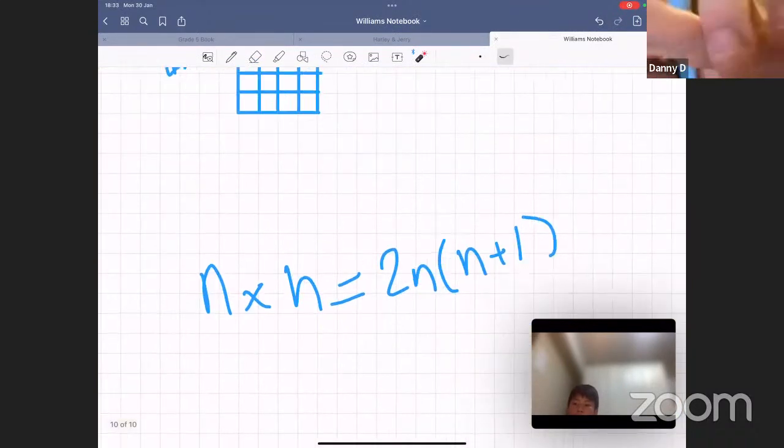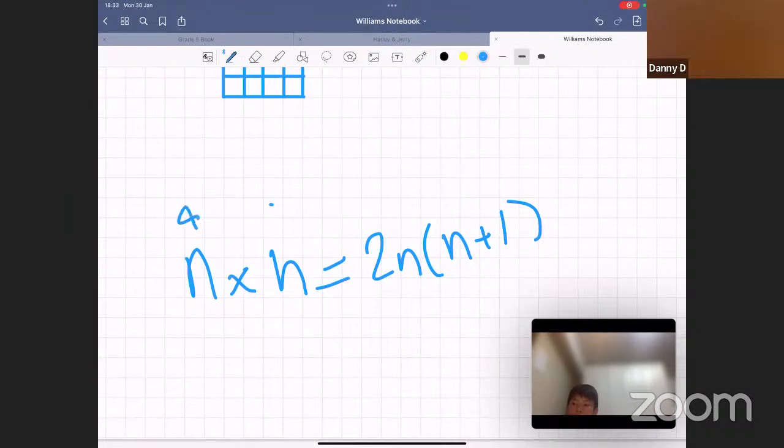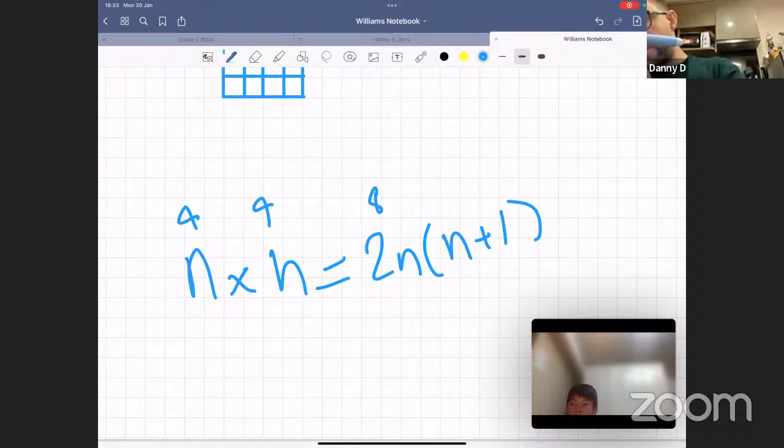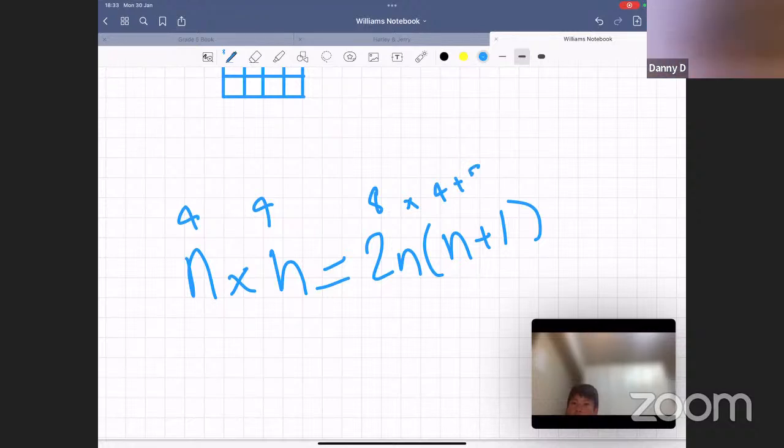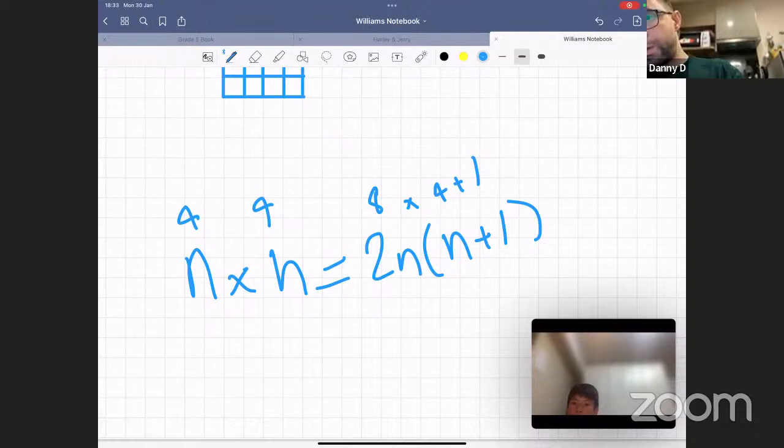If we follow that here, 2 times 4 is 8, and times 4 plus 1, which happens to be 5. 8 times 5 is 40. And that's the correct answer.